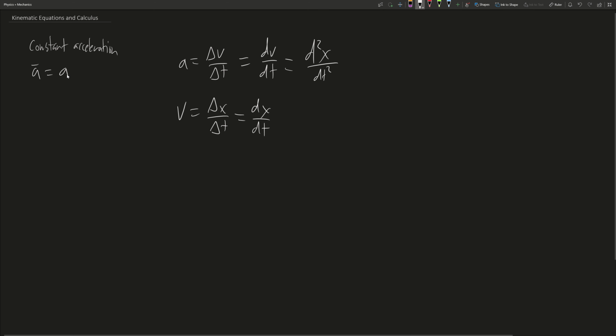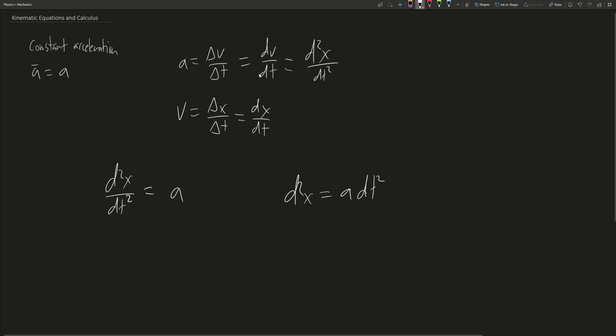Now, since acceleration is constant in kinematic equation situations, we have the acceleration, d squared x over dt squared, is equal to a constant value, which we will call a. So now if we move this dt squared to the other side, we have d squared x is equal to a dt squared.